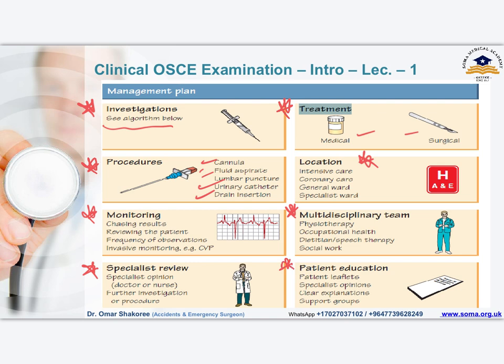All of these are part of the management plan for any medical patient. So we start with investigation, treatment, procedure, location where to put the patient, monitoring, multidisciplinary team, specialist review, and patient education, starting from support group, patient leaflet, specialist opinion, or clear explanation.